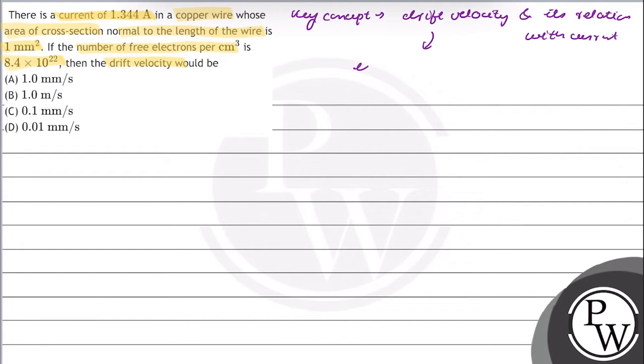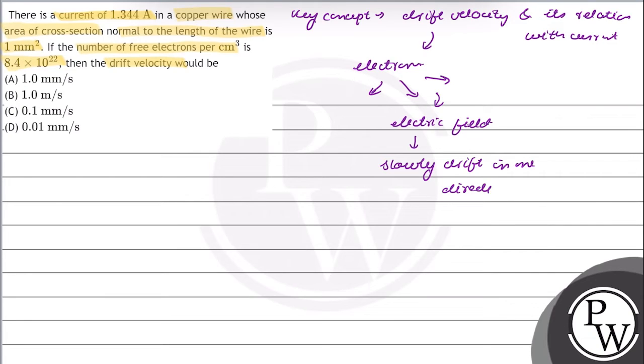Subatomic particles like electrons always move in random directions, but when they are subjected to an electric field, they do move randomly, but they slowly drift in one direction, in the direction of the electric field applied. So the net velocity at which these electrons drift is called the drift velocity.